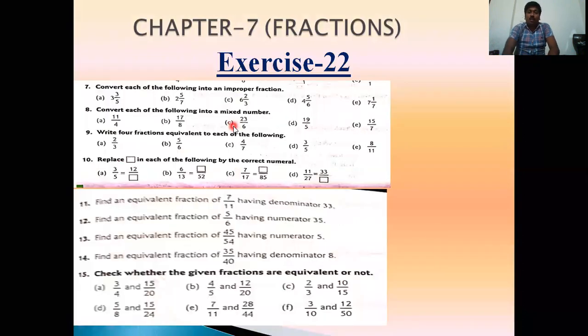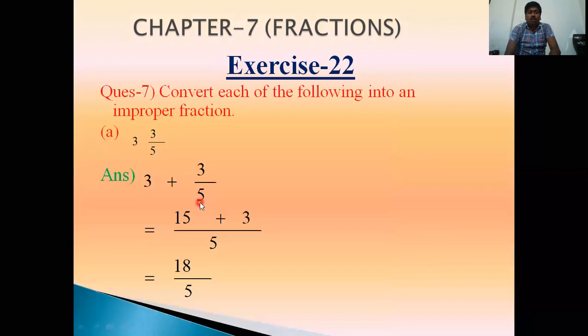Now let us take some questions based on your topics, question numbers 7 to 15, and see how we can solve them. Let us take question number 7. Convert each of the following into an improper fraction. We have already learned how to convert a mixed fraction into an improper fraction. Here, firstly, we arrange this number: 3 plus 3 by 5. Now, we multiply 5 into 3, the denominator multiplied by the whole number, and then add the numerator 3.